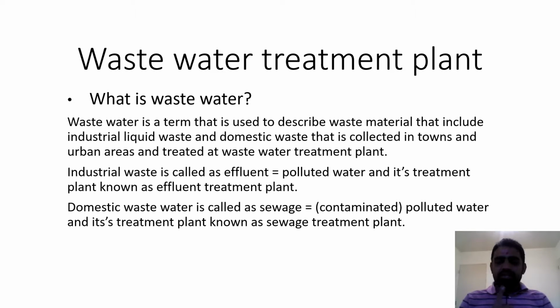First one is industrial wastewater, that comes from industrial manufacturing sources and is generally known as effluent, and the treatment plant for that is known as an effluent treatment plant. Domestic wastewater generally comes from residents, is generally known as sewage, and the treatment of this sewage is known as a sewage treatment plant.